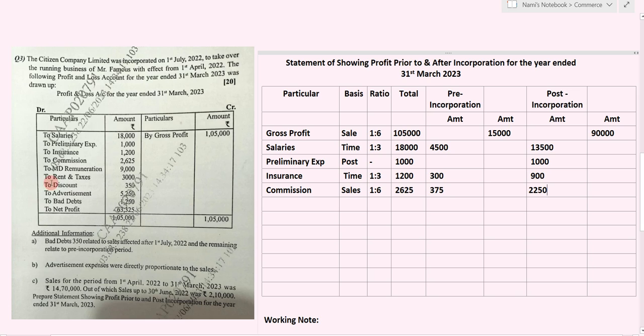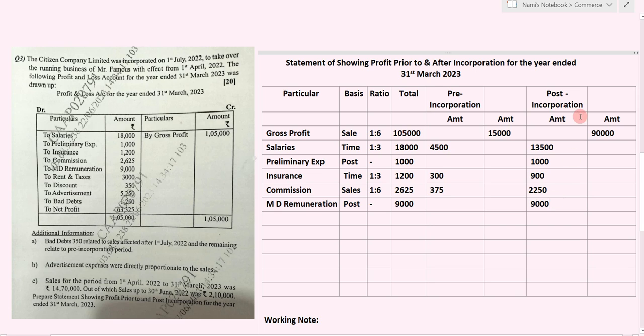Next is MD remuneration, that is Managing Director remuneration. This remuneration belongs to post-incorporation. So write it in post. There will be no ratio. Total MD remuneration is 9,000 rupees.